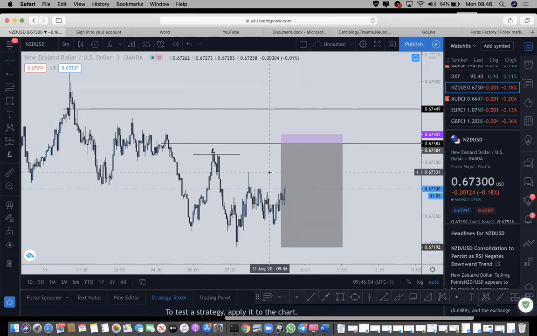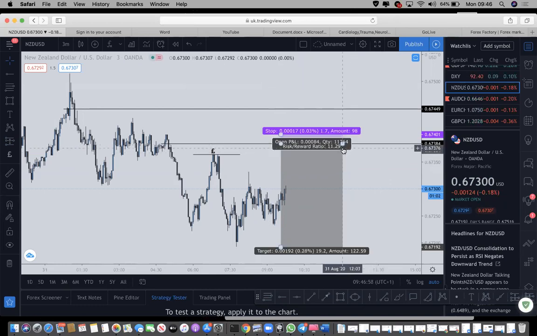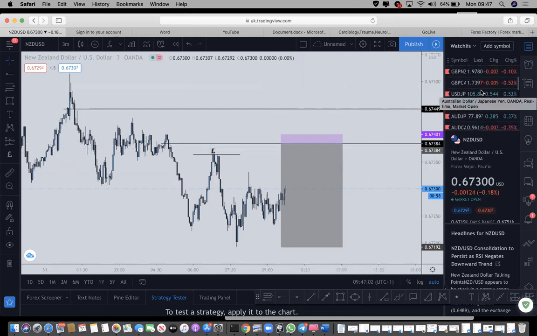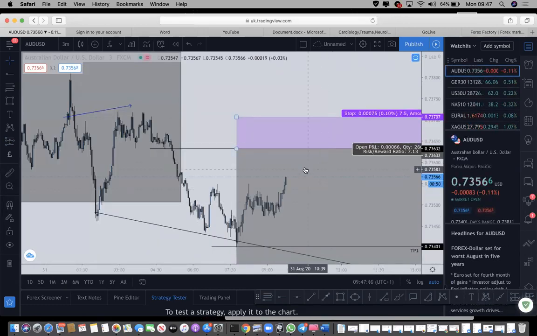This setup is only valid when price hits this zone at the same time as when price on AUD USD hits this entry. Note, be very careful on this. Listen very carefully.